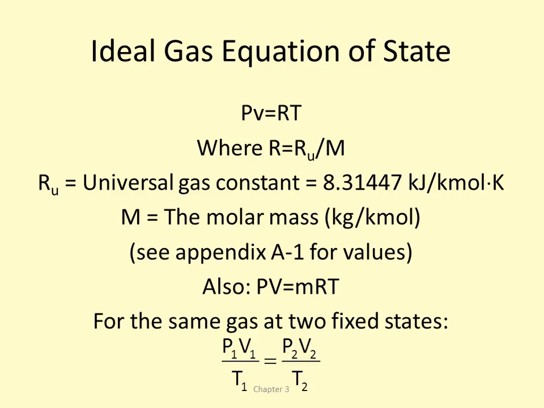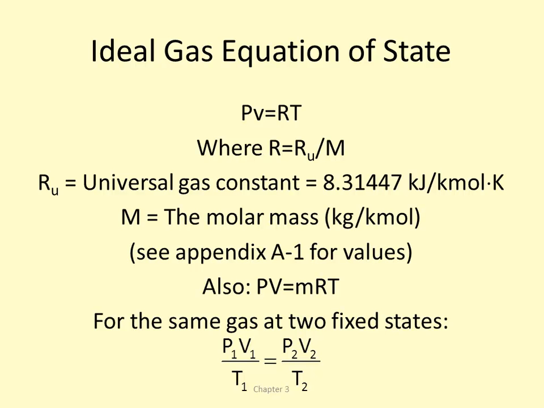The ideal gas equation, we've seen it in several different forms. Pv equals RT is the most general form, where this R is specific to whatever substance we're using. So for nitrogen or for air or carbon dioxide, those are all tabulated in the back of the book. And it's equal to the universal gas constant divided by the molar mass of whichever substance we are studying.